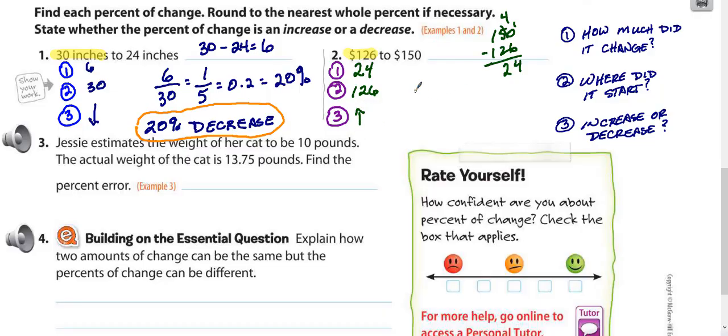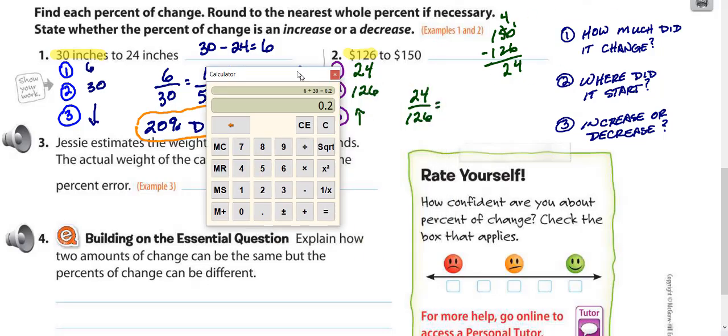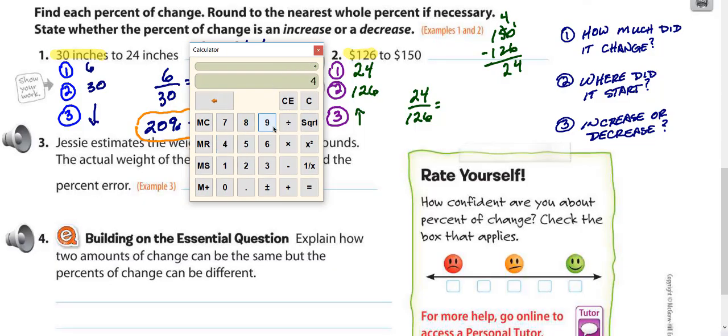So now we can go ahead and build our percent change equation, our percent change ratio. That's what we're doing again, we're building a ratio. The ratio of the amount it changed to where it started. So let me grab my calculator out. 24 divided by 126 is 0.0311. That doesn't look right. Oh, look, I put a 4 there instead of a 24. I looked at that. It was too small.